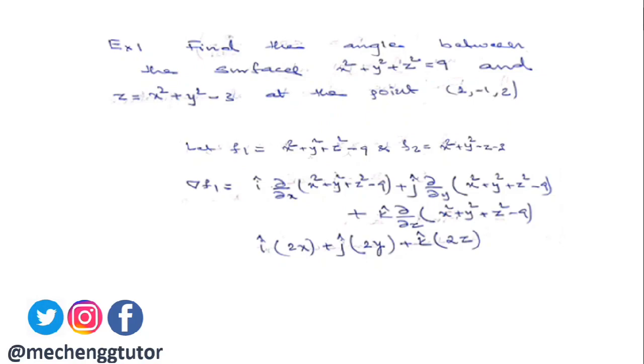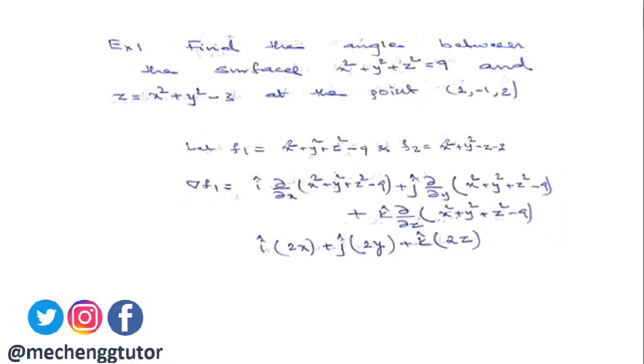Then del f1 formula, you all know, it is i into dou f1 by dou x plus j into dou by dou y of f1 plus k into dou by dou z of f1. Directly I have substituted for f1, x square plus y square plus z square minus 9. Taking the partial derivatives, the first term is only 2x, all other terms are constants.